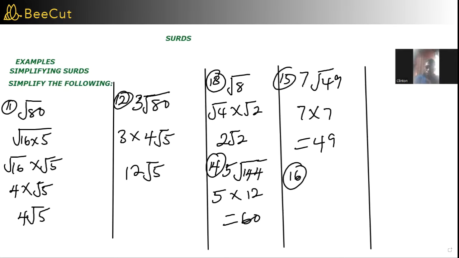Okay, number 16 said 7 root 147. Yes. What do you think we should do then? I'm trying to break it down.